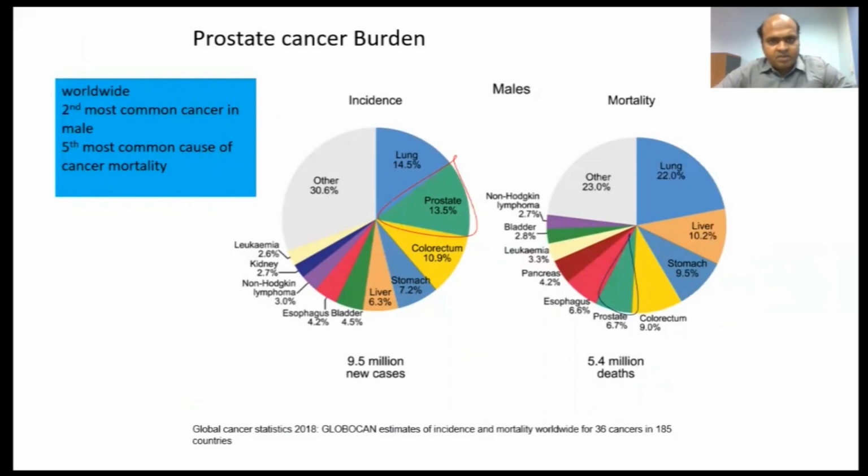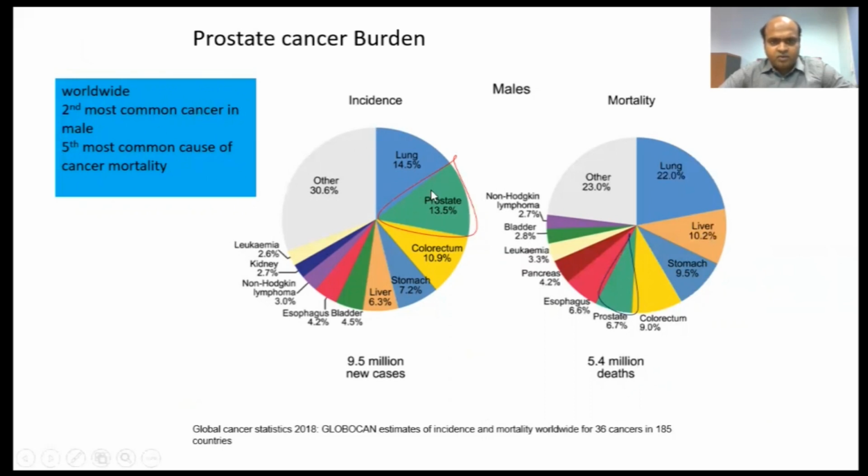Now I will talk about the prostate cancer burden, that is the incidence of prostate cancer in the worldwide scenario as well as in the Indian scenario. First, I will talk about worldwide data.